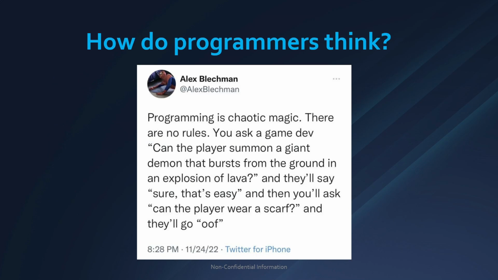I think sometimes people look at programming as complete magic or almost a black box. I just want to explain the inner workings or the logic when you ask a programmer to do something and half a second later they have some response about how easy or hard it is. Those aren't pure guesses, and they're not an answer out of nowhere, and they're not an answer to make you happy or make you mad.